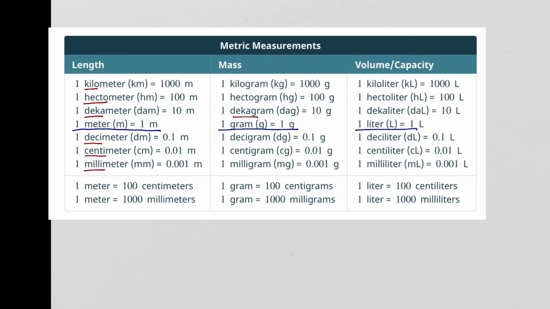Okay, so there's a couple ways you can do conversions as long as you're within the metric system. One way of doing it, and you can always do this, is by using unit conversion factors. So let me talk about that, and then I'll show you a shortcut that you can use if you're always going to be converting within the metric system.